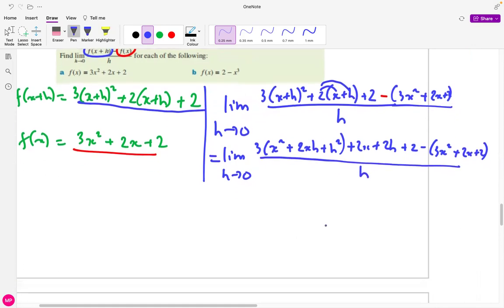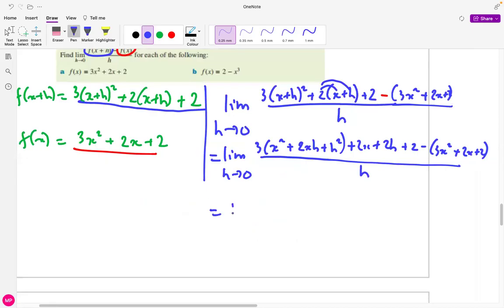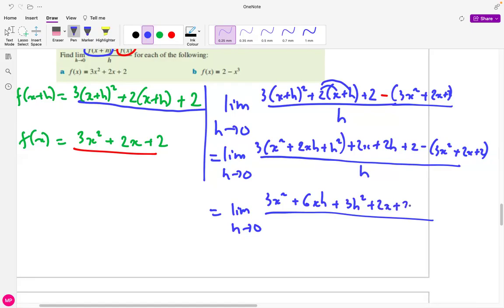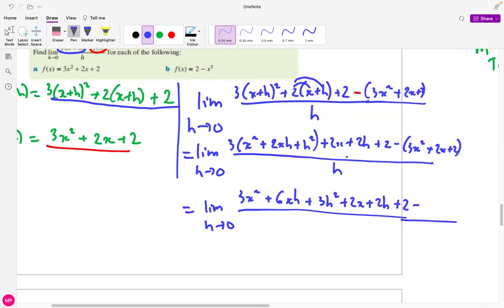Then keep simplifying. So you have the limit of h approaching 0. Then I expand this one more time. I have 3x squared plus 6xh plus 3h squared plus 2x plus 2h plus 2 minus, maybe keep that in brackets, 3x squared plus 2x plus 2, over h.